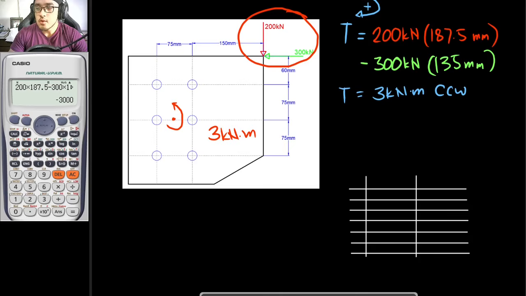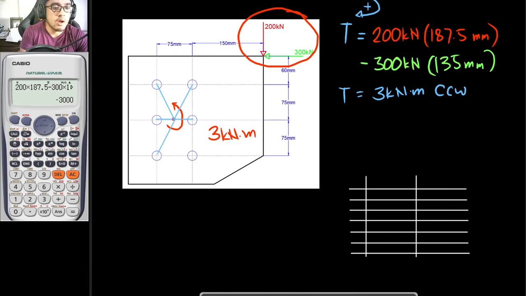So what we would be doing next is drawing a line from each of these bolts towards the centroid. So that is this line right here. Confirmation, guys. Can you see what I'm drawing? Yes, sir. Okay.